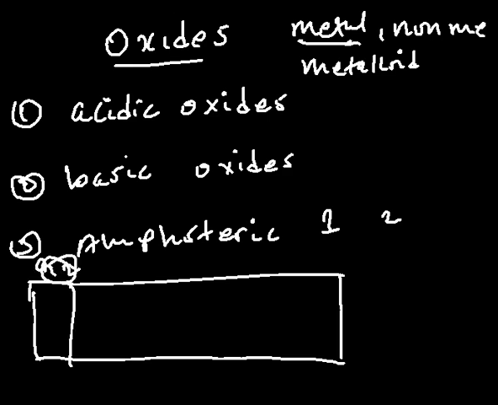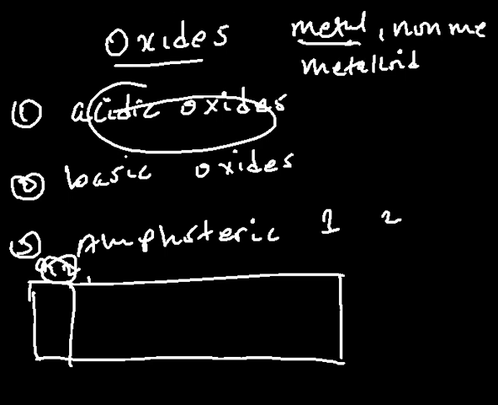are metallic elements, and basically they are responsible for basic oxides. The elements in group 3 and 4 are responsible for amphoteric oxides. And the elements in group 4, 5, 6, 7 are responsible for acidic oxides.